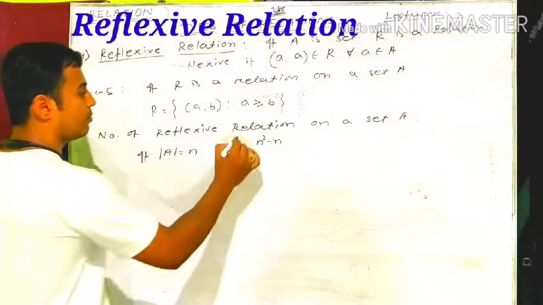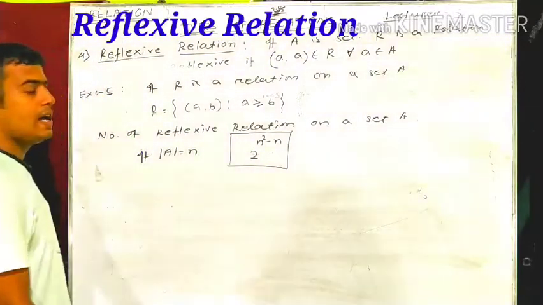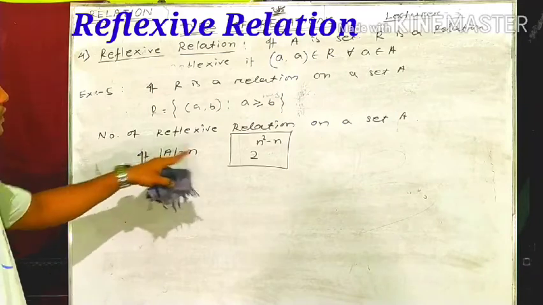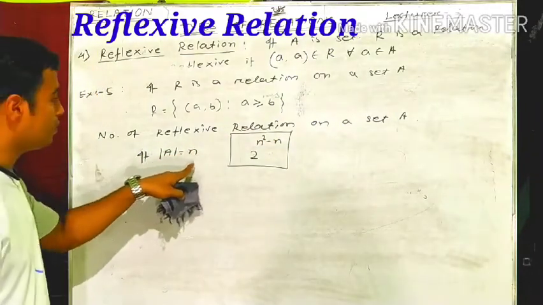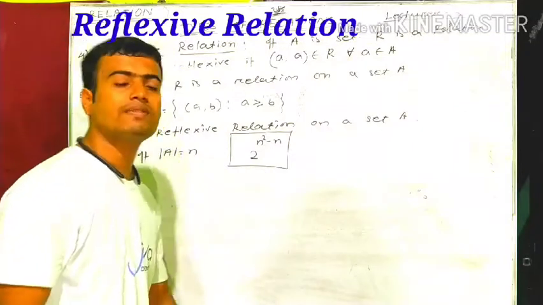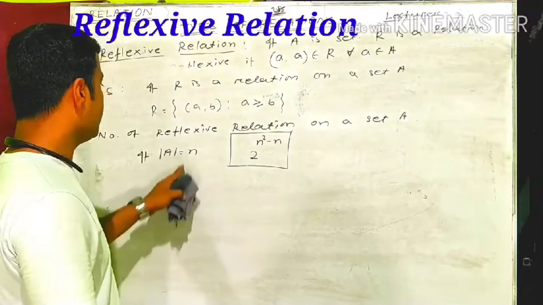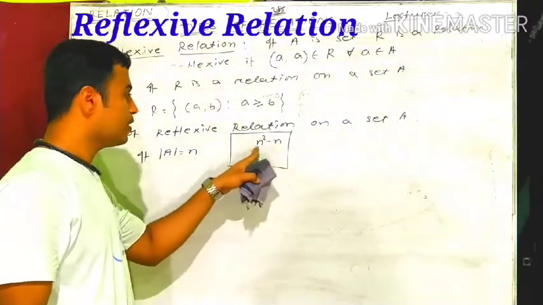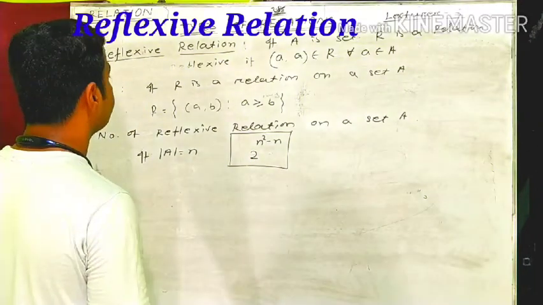This is the formula. If n equals 1, we can put 1 here. If n equals 2, we can put 2. So this relation is called a reflexive relation.